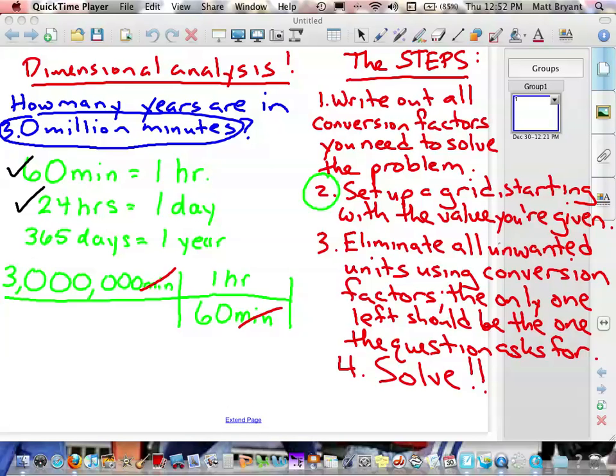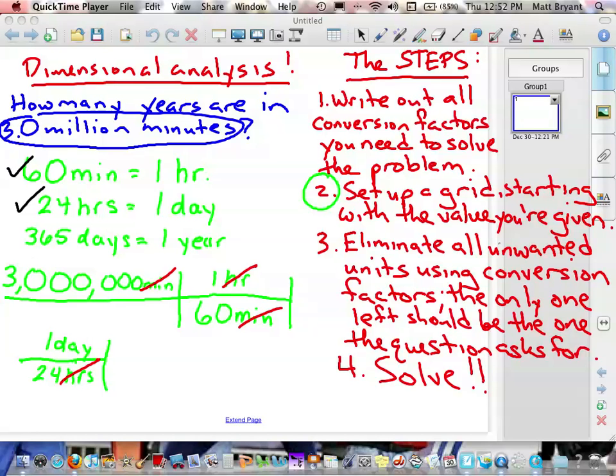If we write out that conversion in our grid, we're going to put 24 hours on the bottom, because there's 24 hours in a day. And that should cancel out. We've got hours on the top of the fraction and hours on the bottom of the fraction. So now we've gotten to days.